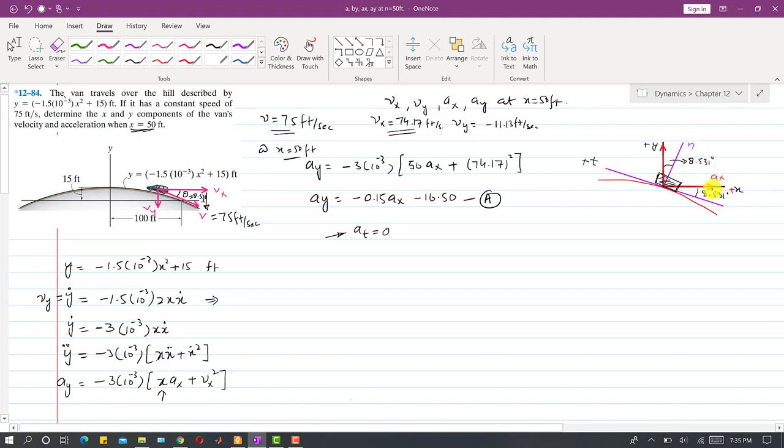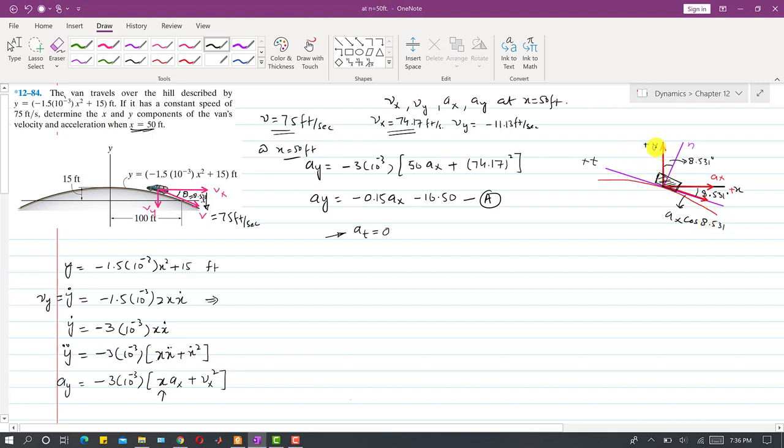Now if we find the components of this ax and this ay along the t-axis, the component of this ax along the t-axis will be this red vector, which is ax cos of 8.531 degrees.